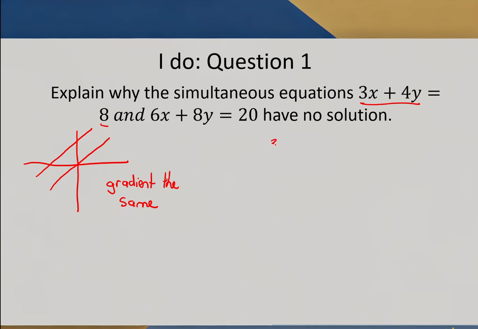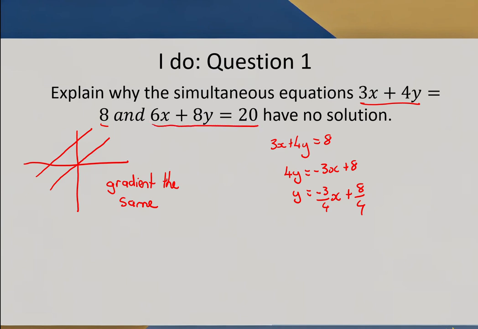So that would be 3x plus 4y is equal to 8. I will take 3x away. That will give me 4y is equal to negative 3x plus 8. And then I will divide everything by 4 and have negative 3 over 4x plus 8 over 4. I'm not worrying about simplifying because it's about the gradient here.